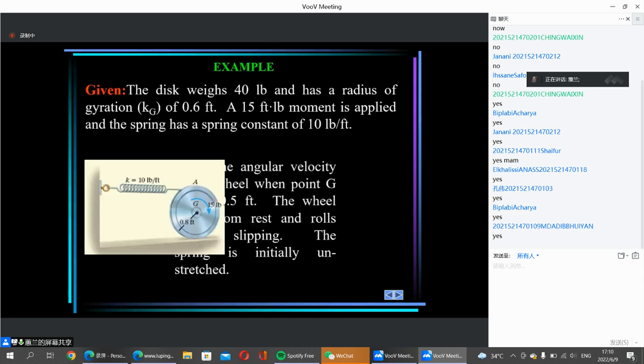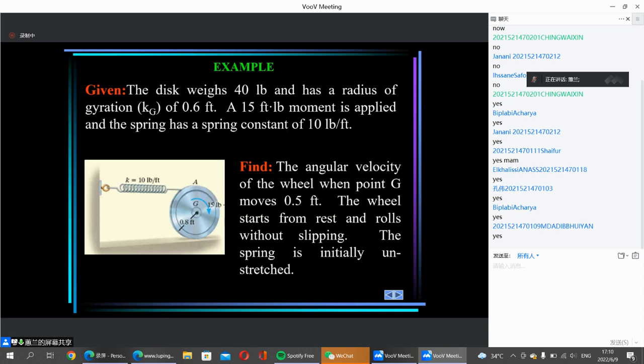The disk weighs 40 pounds and has a radius of gyration. Again, the radius of gyration is given. What does it mean? The mass moment of inertia is given, because the mass moment of inertia is equal to m k_G squared, the mass times the radius of gyration squared.